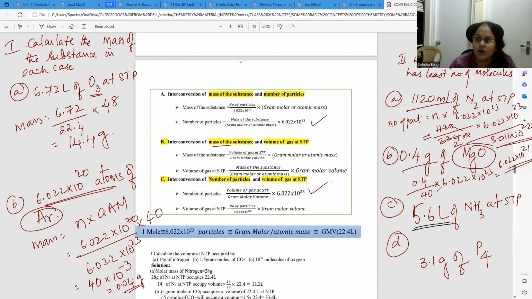Volume is given. You have to convert volume again to number of moles. So what is it? It's 5.6. See, if it isn't given in liters, I will take 22.4. If the volume is given in ml or cc, I'll take 22400. How much is it?